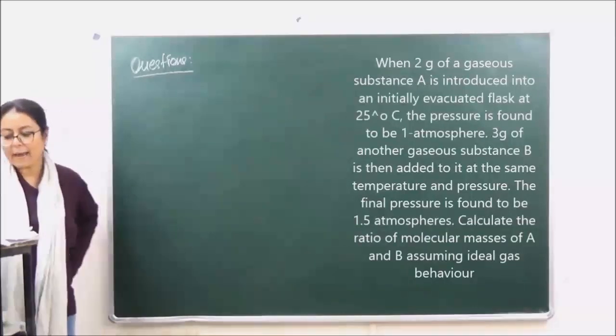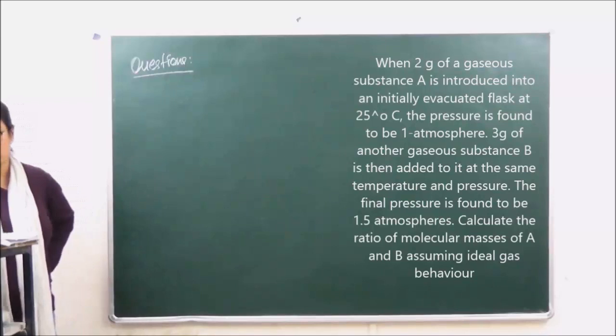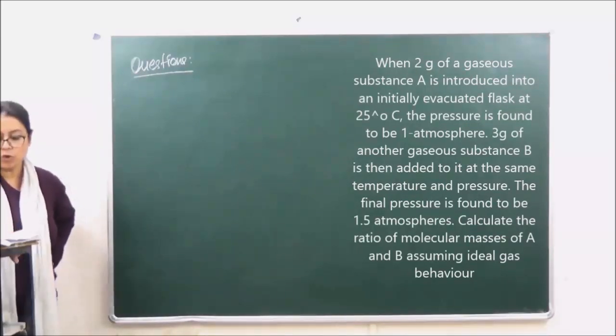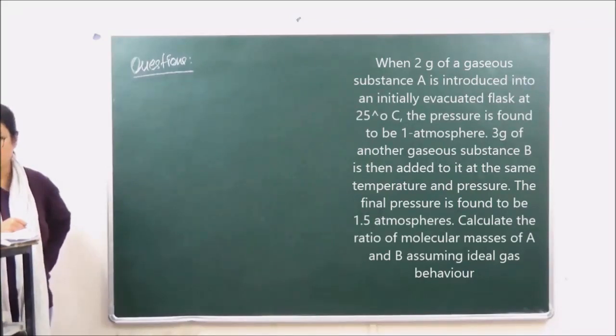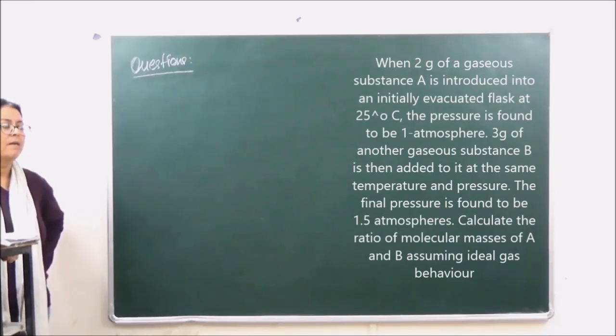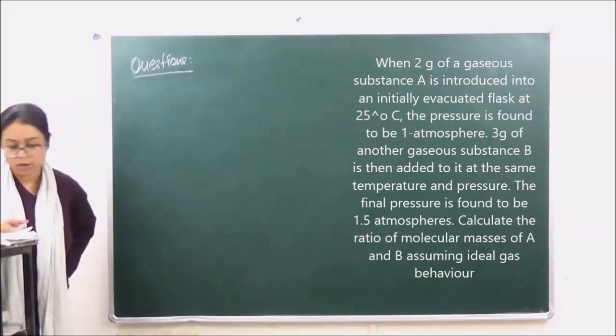Question number 4 क्या है? When 2 grams of a gaseous substance A is introduced into an initially evacuated flask at 25 degrees centigrade. Evacuated flask का मतलब क्या होगा? There is going to be nothing inside, no gas inside that flask. Okay?